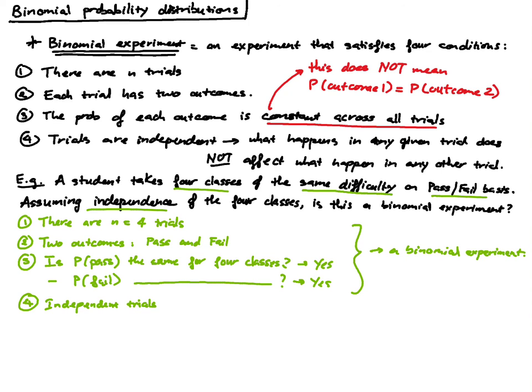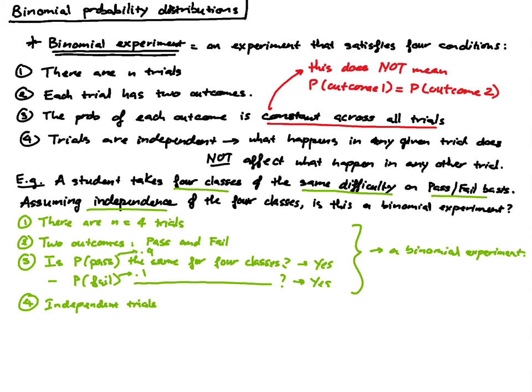For example, it's entirely possible that the 4 classes that the student takes are super easy. So if the probability of passing is say 0.9 and the probability of failing is 0.1, this is still a binomial experiment as long as the 4 classes are of the same difficulty.